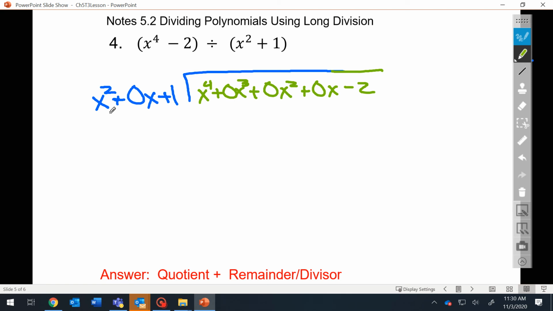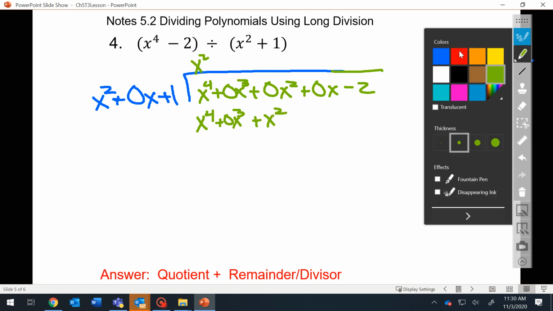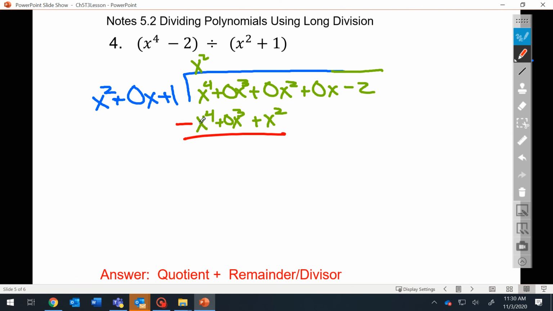Alright, so how many times does x squared go into x to the fourth? It goes in x squared times. So x to the fourth, and then plus 0x cubed, and then plus x squared. And I'm subtracting, so minus, minus, minus.